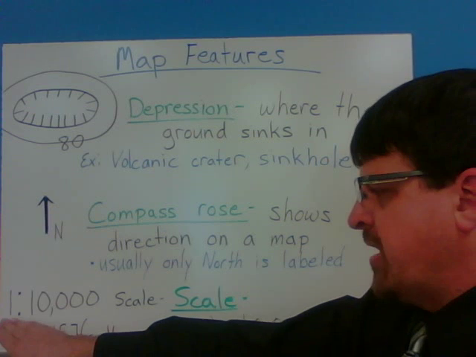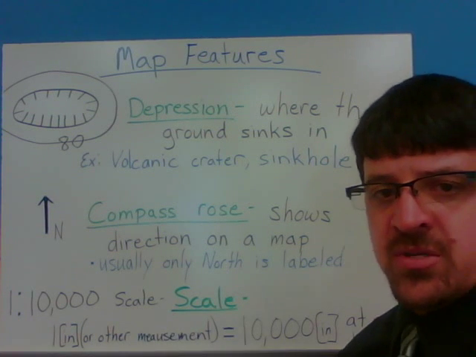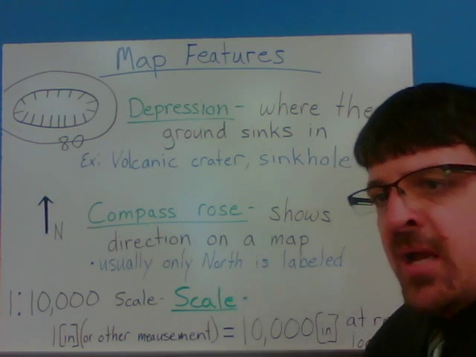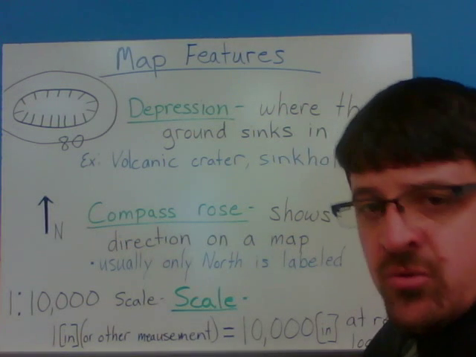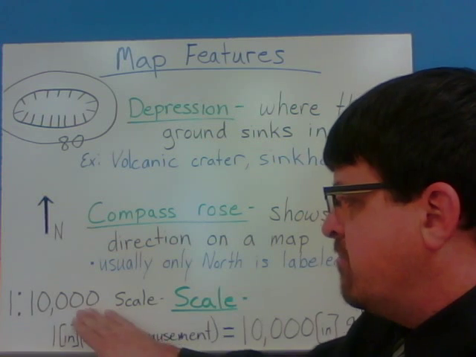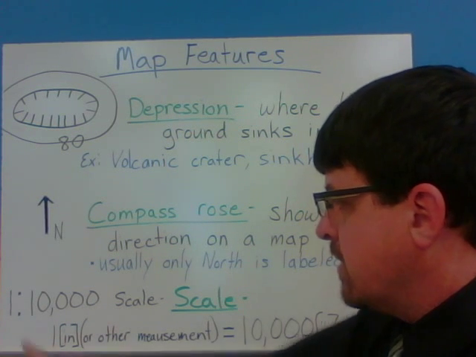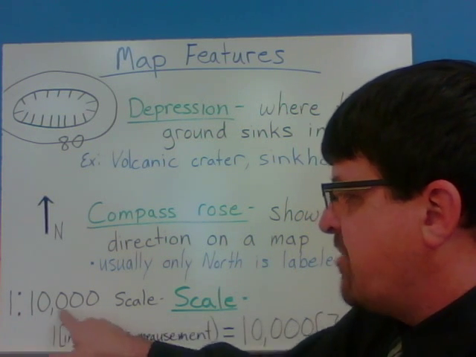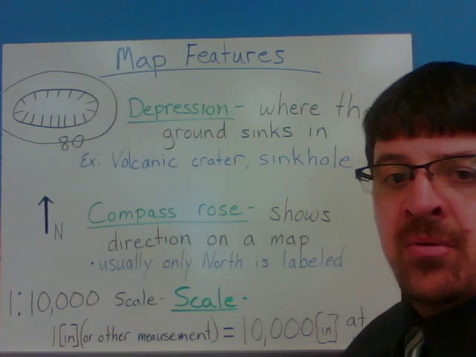Okay? Now another thing is a scale. Now the scale is going to be written differently depending on the map that you're using. Okay, if you're trying to show a map of Carthage, it might not be a map quite that big of a scale. It would be 1 to 10,000 scale on a map.